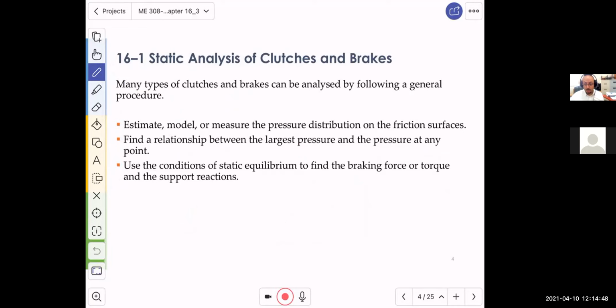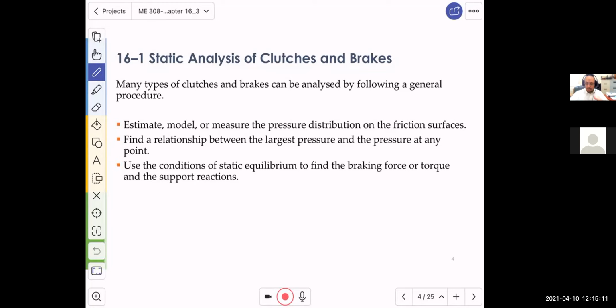The pad, guys, is made of, most of the time, some sort of a material which is polymeric in nature. It's not metal, so it will crush if you apply significant force on it.